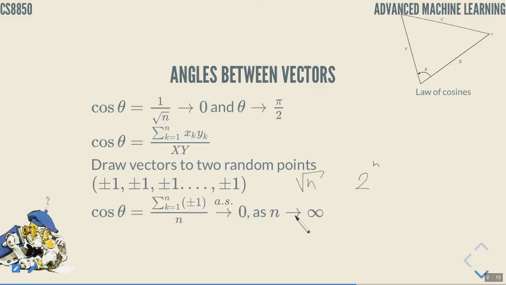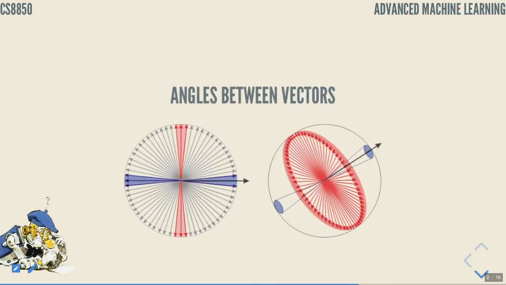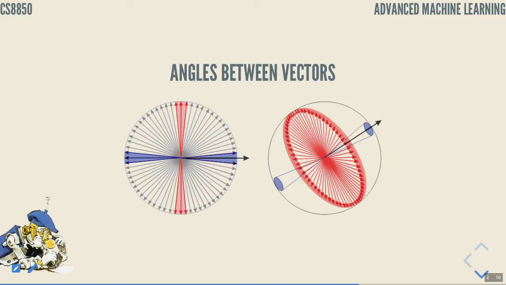Surprisingly, take random vectors and they will likely be orthogonal, or at least almost perpendicular, to each other. To illustrate that example, look at 2D.